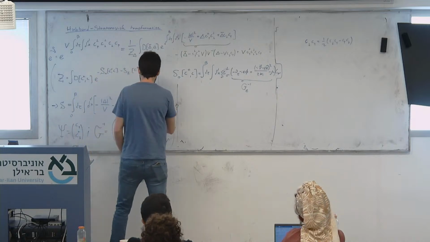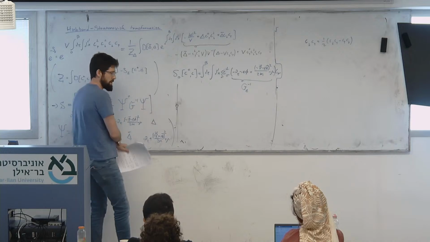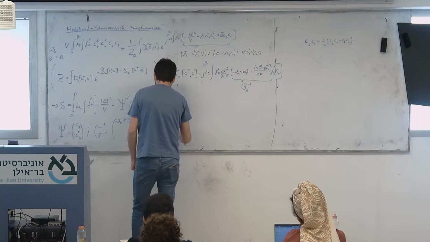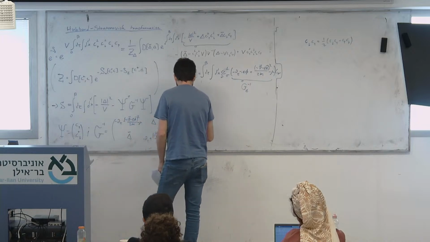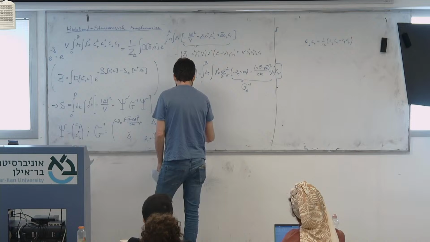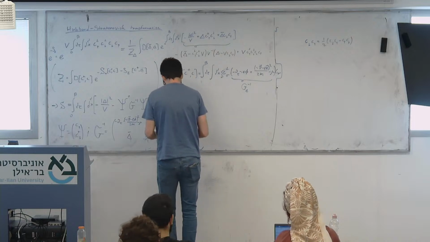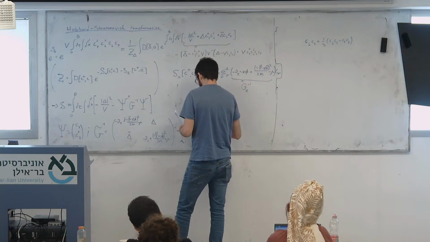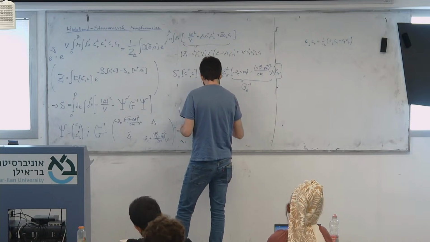Instead of thinking about this psi dagger and psi in real space, we can also write this in terms of k and omega, and then we have minus I omega plus.